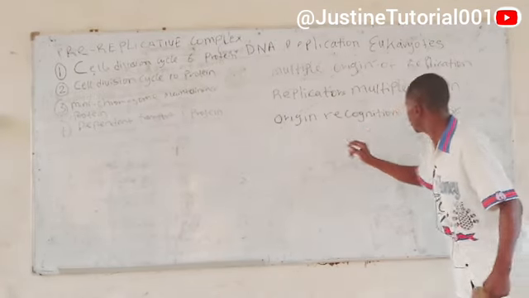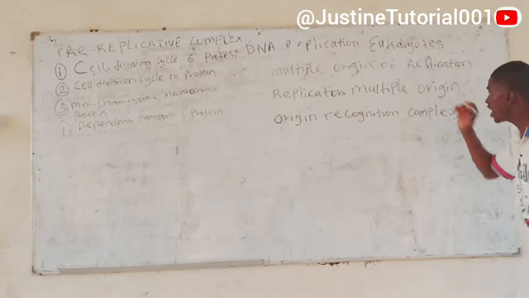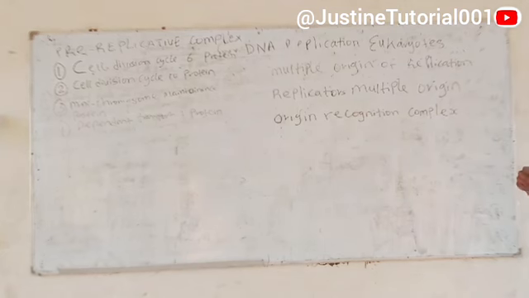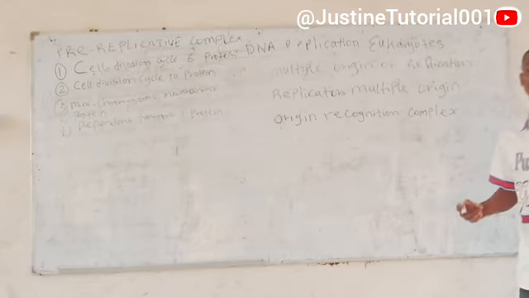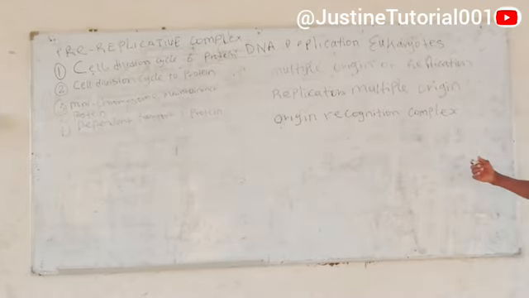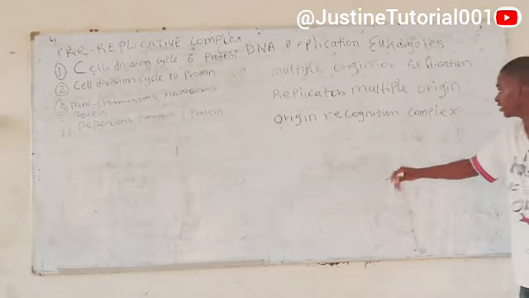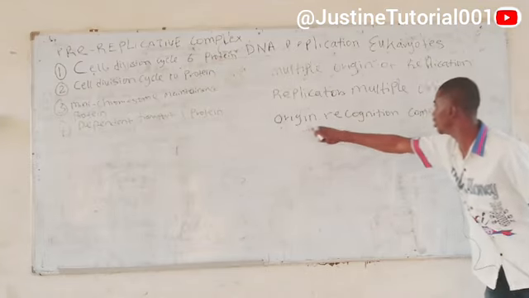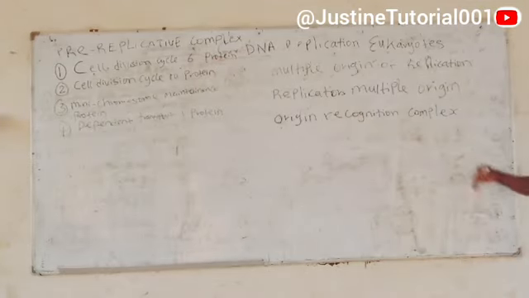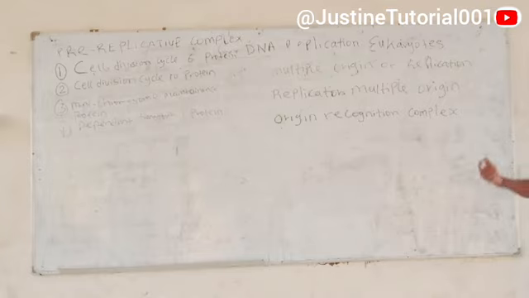So, the origin recognition complex binds to the multiple origin of replication. Now, the binding is not sufficient for replication to occur, but it is necessary. The binding of the origin recognition complex is necessary for what?